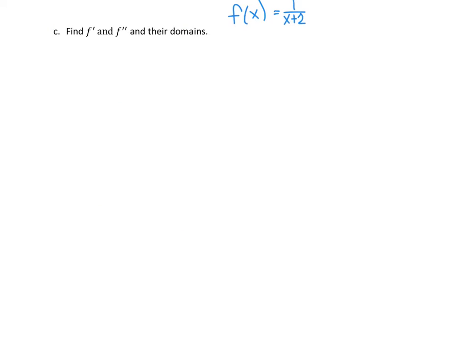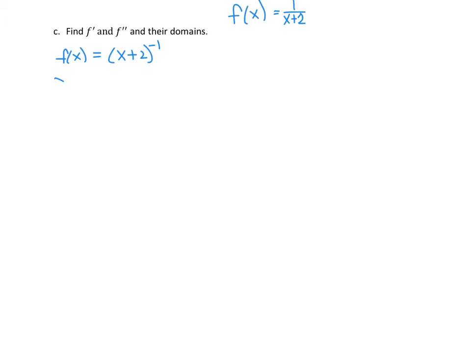Next, we want to find our first and second derivative and their domains. I'm going to begin by rewriting the function f of x as (x plus 2) to the negative 1. So I'm going to bring the denominator up to the numerator, and that way we can avoid using the quotient rule. Instead, we can use the power rule here.